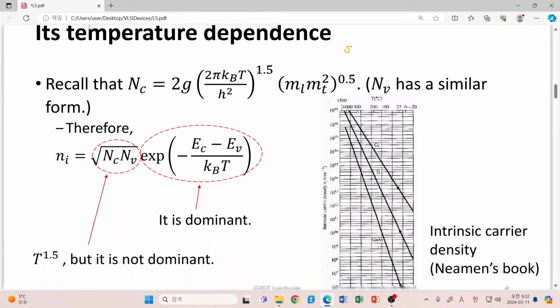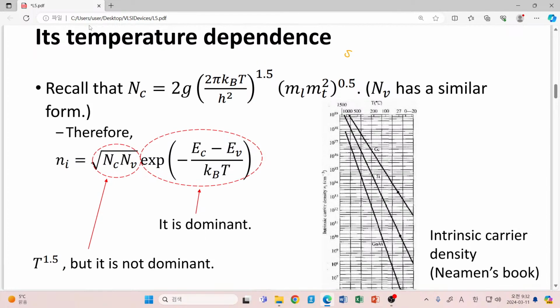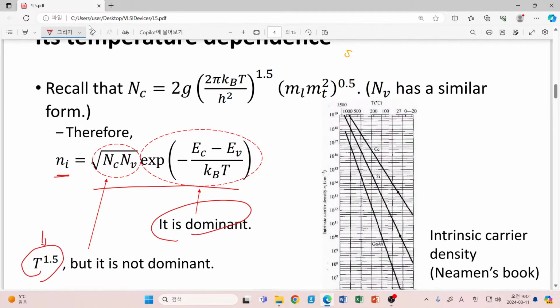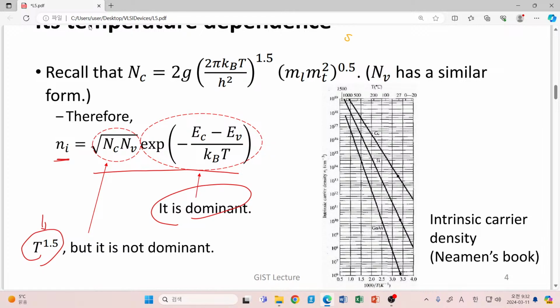When you look at these graphs, the intrinsic carrier density follows this expression, and here we have a minor temperature dependence, but this exponential one is really important. Simply speaking, if we go to low temperature, then Ni drops exponentially, and when you go to high temperature, the intrinsic carrier density also increases exponentially.